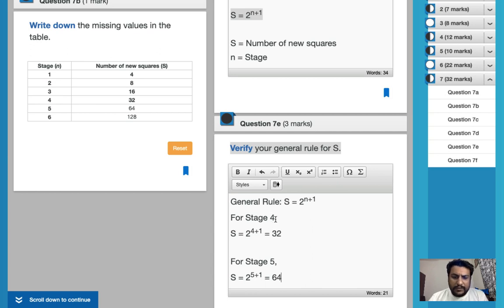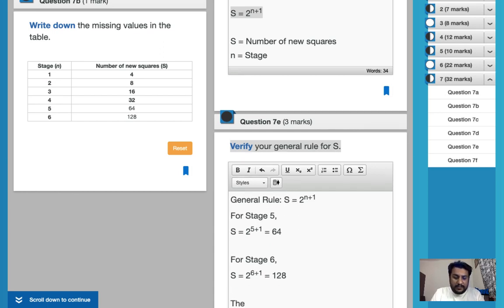The value for stage 4 was already given to us, 32. And we'll write down over here 6 plus 1, and this is stage 6, which is 2 to the power 7, that is 128. Clear?